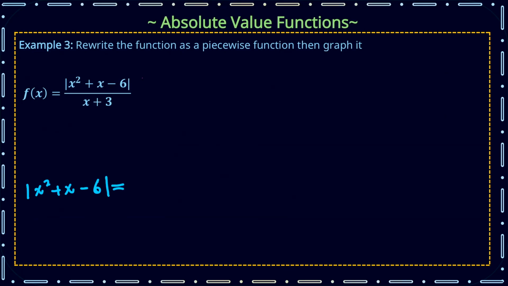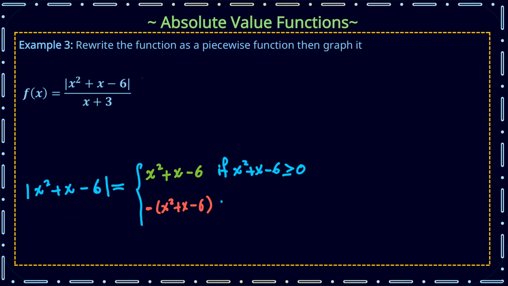What you need to do is, just like the original definition, say that this is equal to what is already inside the absolute value, x squared plus x minus 6, if x squared plus x minus 6 is greater or equal than 0, and it is the negative of x squared plus x minus 6 if this quadratic is less than 0.